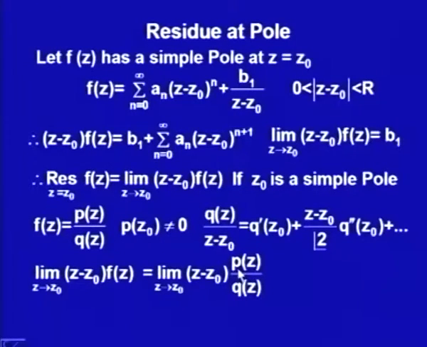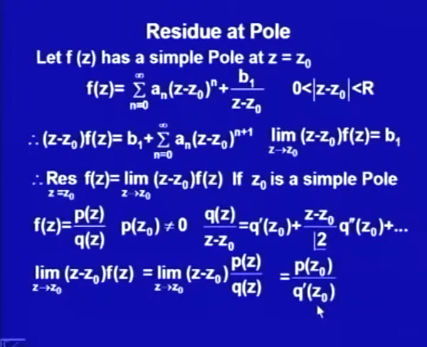I can write p z also as a Taylor's expansion, because z naught is not a 0 of p, so p z naught would not be 0. So I would get p z naught plus z minus z naught times p dash z naught, and so on. The terms not involving z minus z naught are p z naught in the numerator and q dash z naught in the denominator. All other terms would involve z minus z naught, so as z approaches z naught, all these terms will vanish. What it says is I would get p z naught upon q dash z naught.